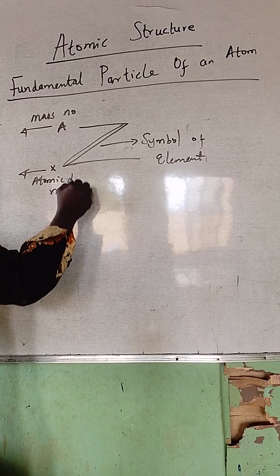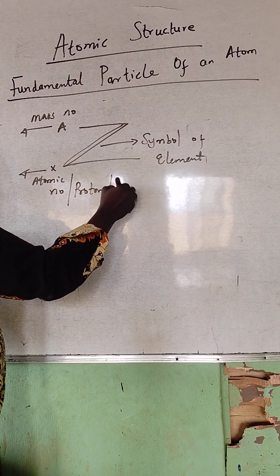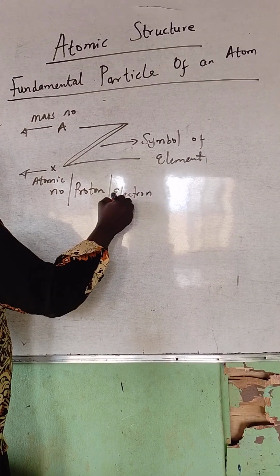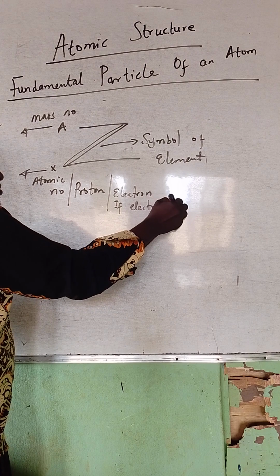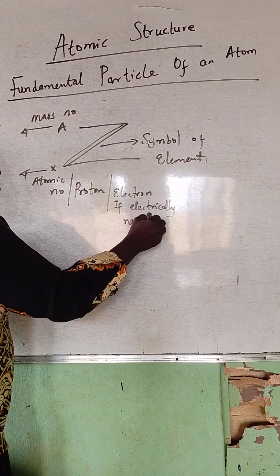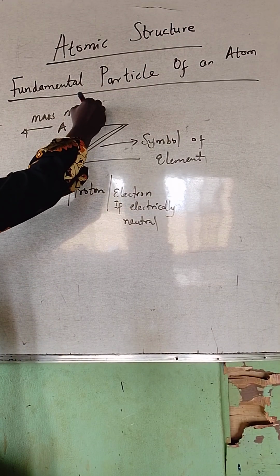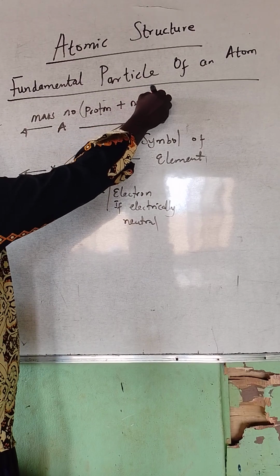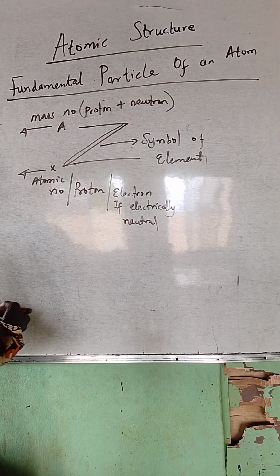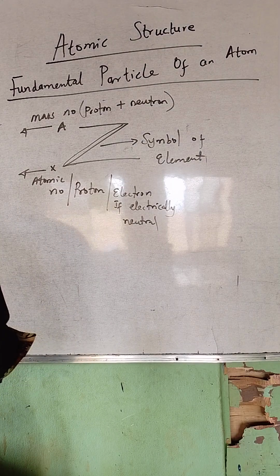Atomic number is the same thing as proton number, and equal to the electron number if the atom is electrically neutral. Then the mass number is proton plus neutron.